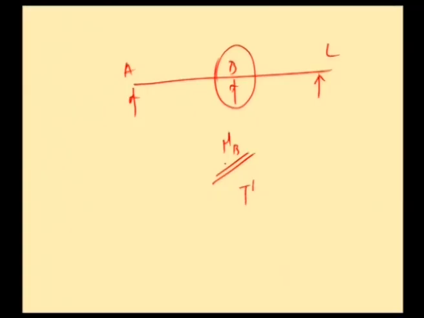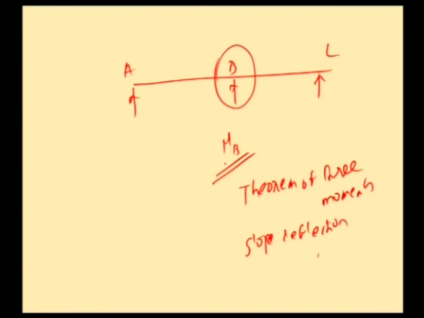For finding M B, or analysis of continuous beams, we have several methods, namely the theorem of 3 moments, the slope deflection method, and the moment distribution method.